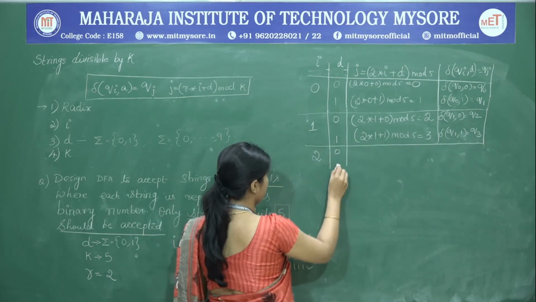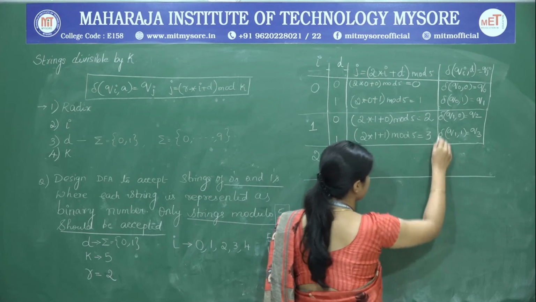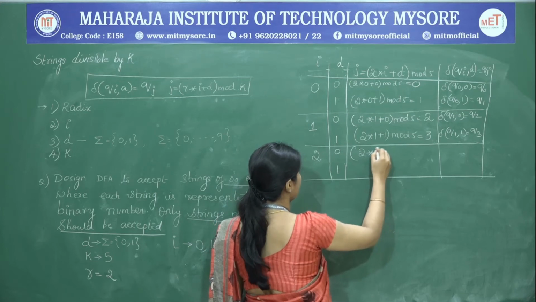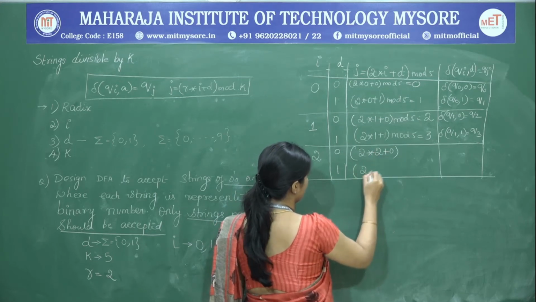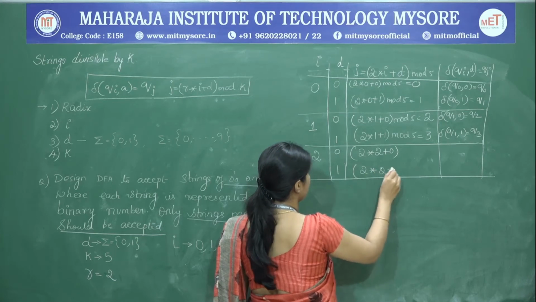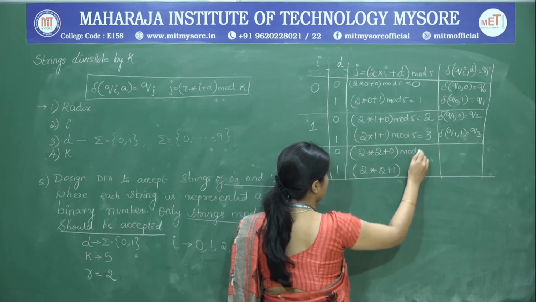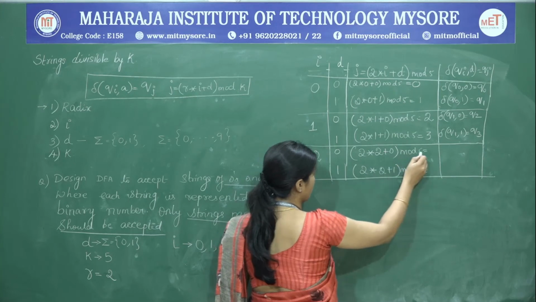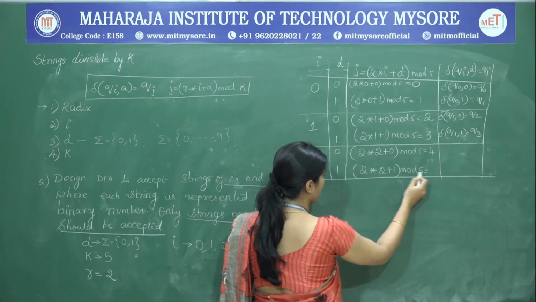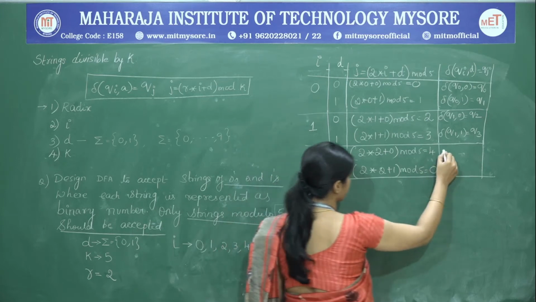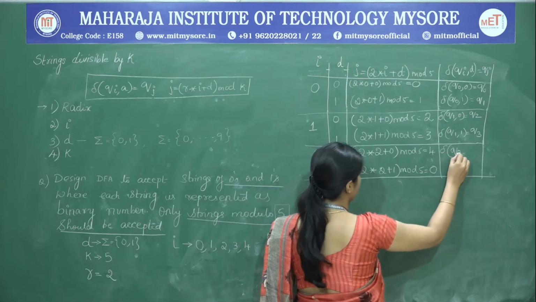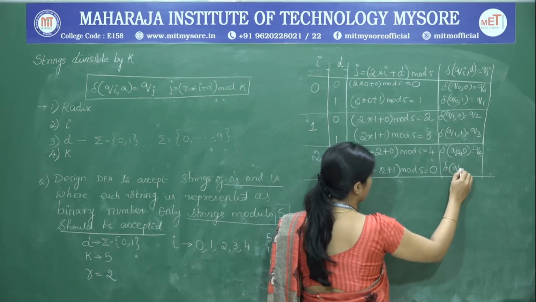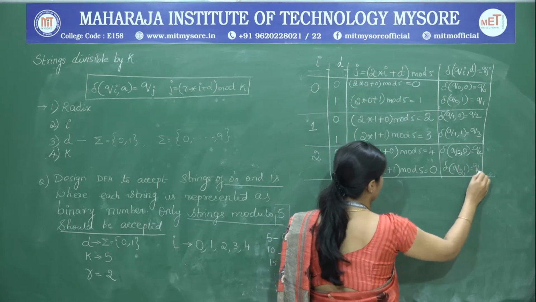Next, from the second state, two multiplied by the value of i plus 0. This is 2 multiplied by the value of i plus 1 mod 5. So this is 4 mod 5, which is going to be 4. This is 5 mod 5, which is going to be 0 because it is exactly divisible by 5. So delta of Q2 on 0 is Q4, and delta of Q2 on 1 is Q0.